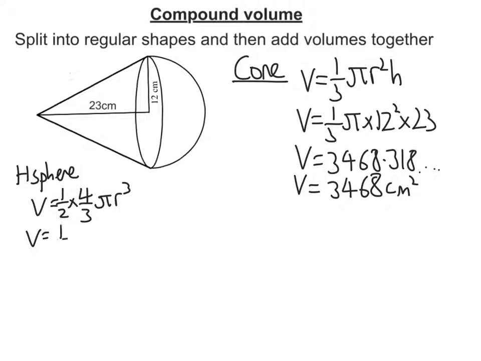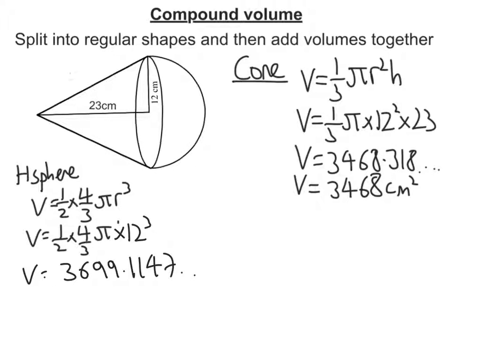So putting in, well, the only value I need to put in is the radius, which we know is 12, and then obviously it gets cubed. So putting that all in one go, we're going to get 3699.1147, etc. So that's 3,699 centimeters cubed.